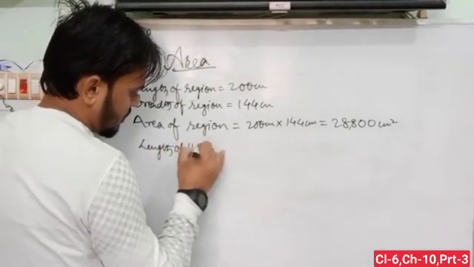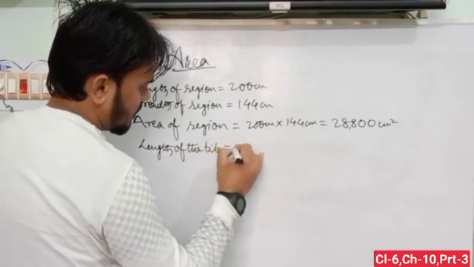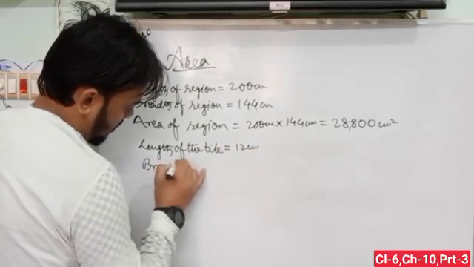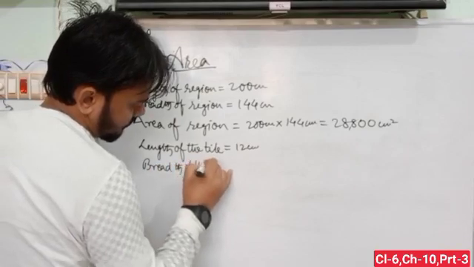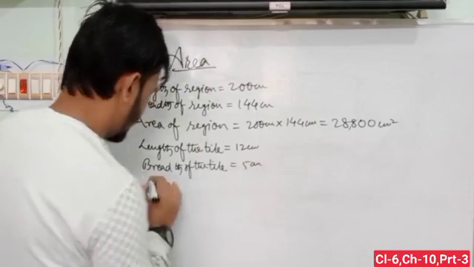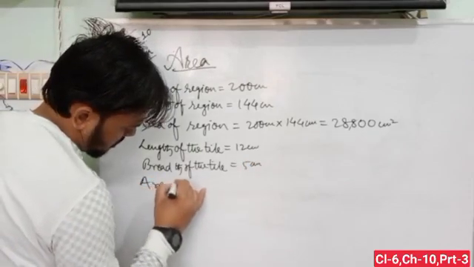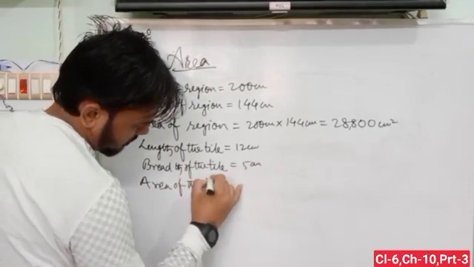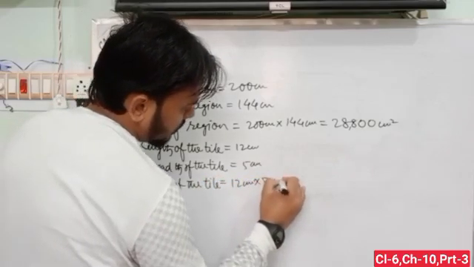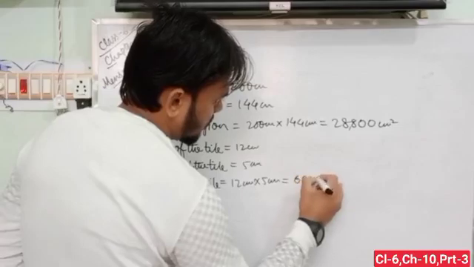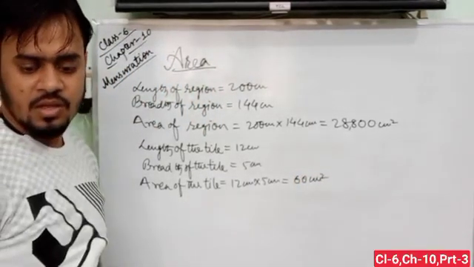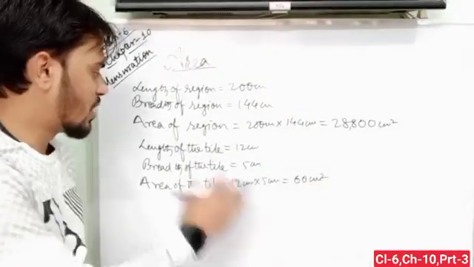Length of the tile is equal to 12 centimeter and breadth of the tile is equal to 5 centimeter. So area of the tile, length into breadth, is equal to 60 centimeter square.